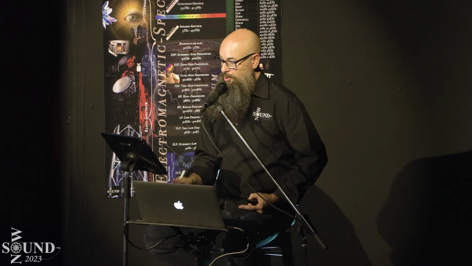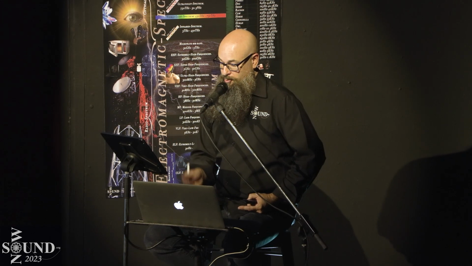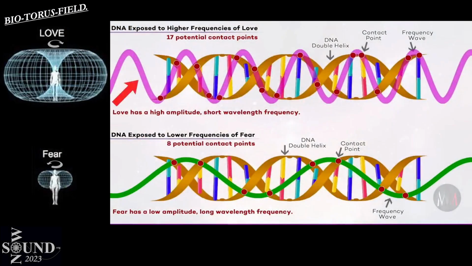The key findings in this paper: the human body produces a toroidal field, or a torus field. In a positive state, the field is very strong and it spins clockwise. In a negative state, it produces a weak field and spins anti-clockwise. So there's a direct correlation with this field that she measured and our emotional state. There's a fear mode and there's a love mode, and we have measured it.